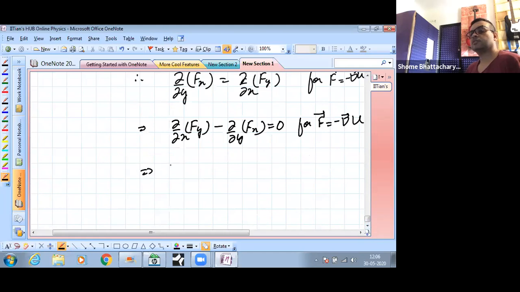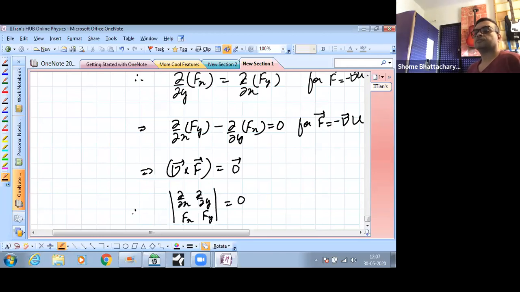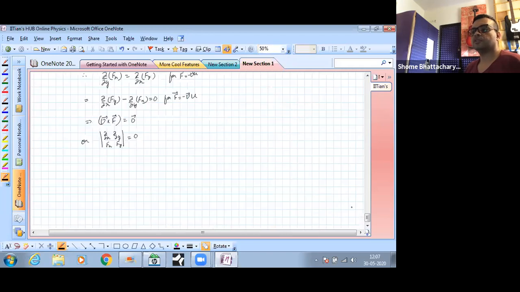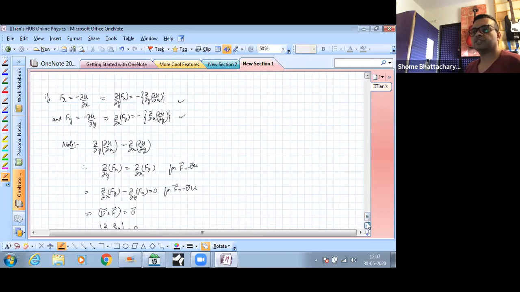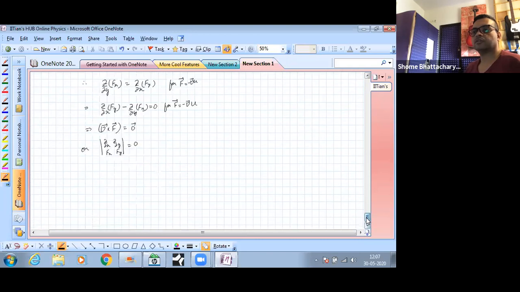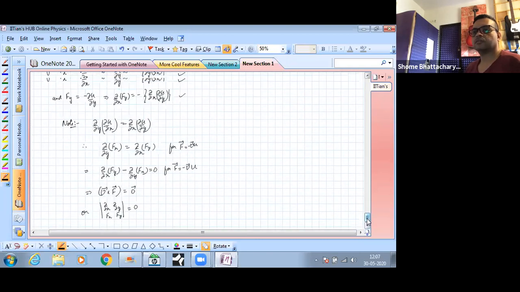So in other words, del cross F must be equal to 0. This can later be extended to 3 dimensions also. You can understand how the curl formula works out in 3 dimensions, with the forces x, y, z, all 3 components. So just go through this.